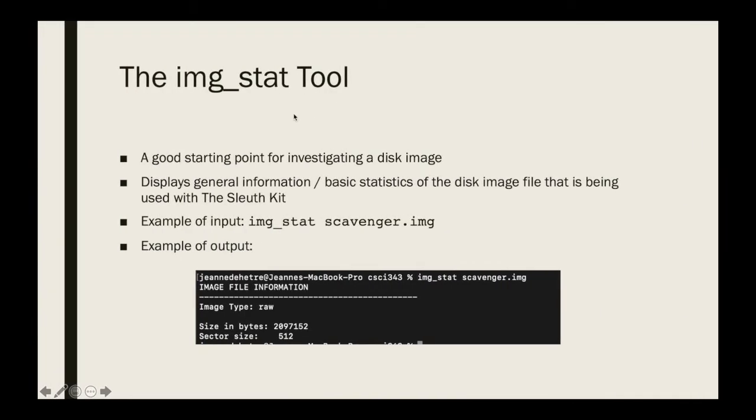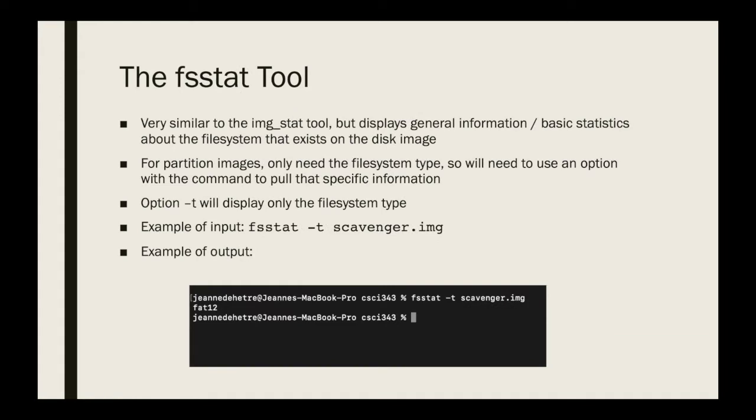The next tool is the fsstat tool, which is very similar to the image-stat tool, except this time instead of providing general information or statistics on your disk image, it's going to be on your file system.